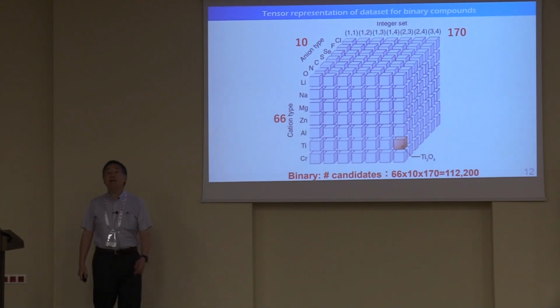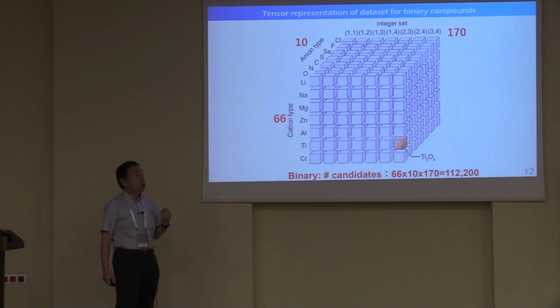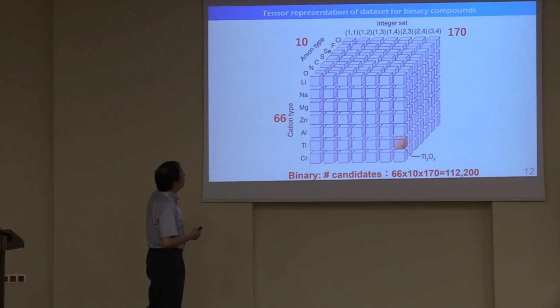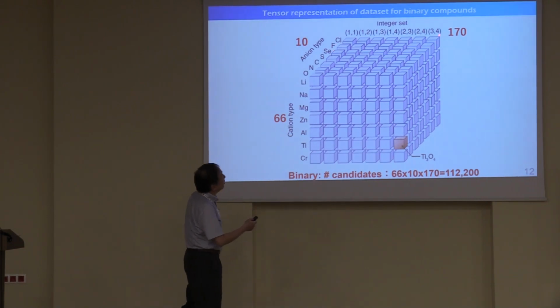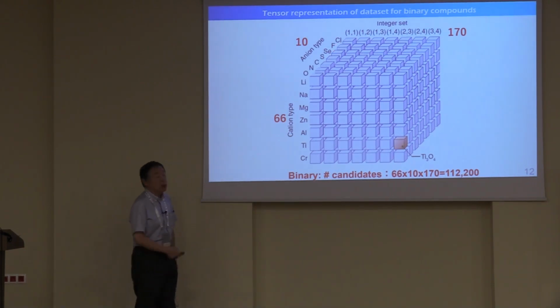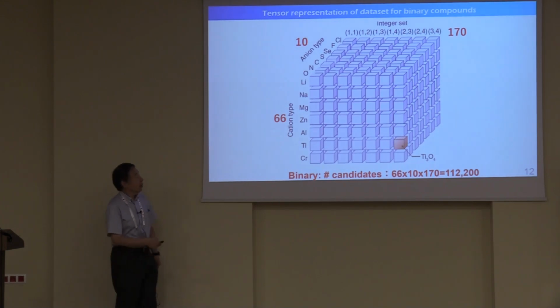So instead of using the rating matrix, we will use a tensor. The tensor is composed of cation type, anion type, and integer set in this case. This is for the binary case.